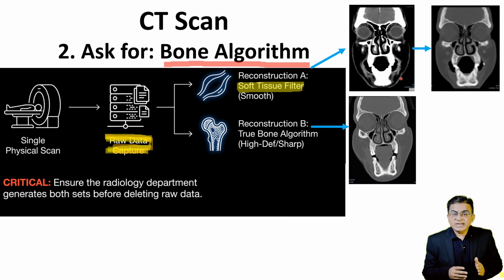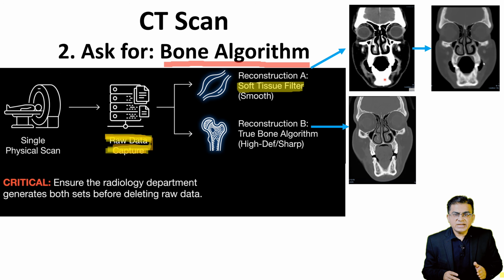Do not assume the radiology technician knows what you need. If you just write CECT neck on your requisition slip, you will only get a soft tissue reconstruction because that is their default. See, the radiology technicians are managing a high volume of CT scans. Their PACS storage has limits, so they will not generate your images in any other algorithm unless you explicitly demand it in writing.